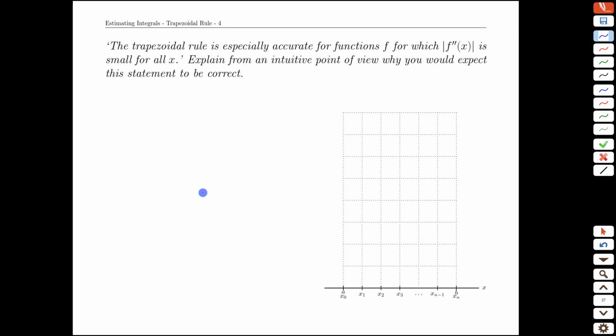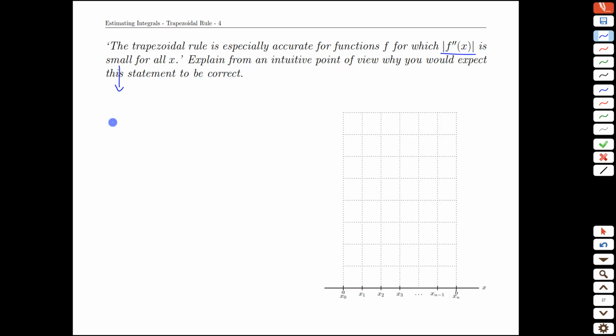Focusing on the efficiency side again, there's a quote that you'll read in numerical methods textbooks that says, "The trapezoidal rule is especially accurate for functions for which the second derivative of x in absolute value, but let's just say the second derivative of x, is small for all x's." Explain from an intuitive point of view why you would expect this to be correct.